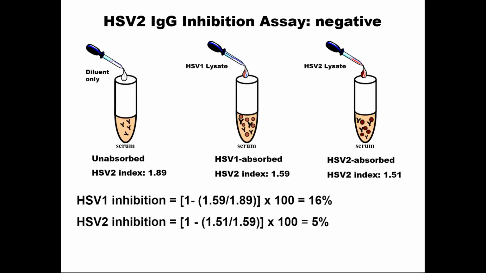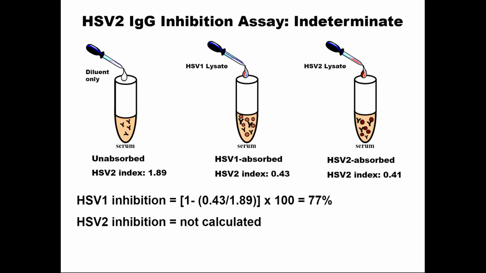This shows a negative where all of the tubes have index values between 1.51 and 1.89. When we calculate the inhibition percentages, it's 16% for type 1 and only 5% for type 2. And for indeterminate sample, if the unabsorbed is 1.89 and the type 1 absorbed is 0.43, that's 77% inhibition by type 1. We don't even go any further.